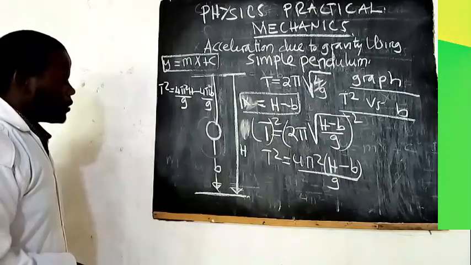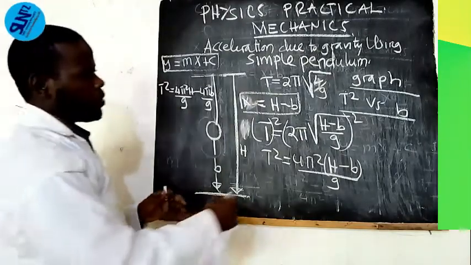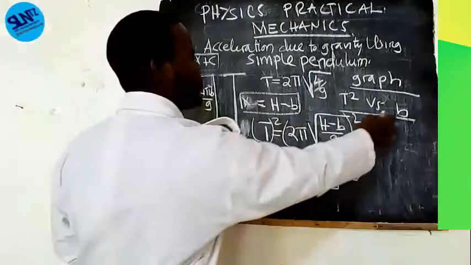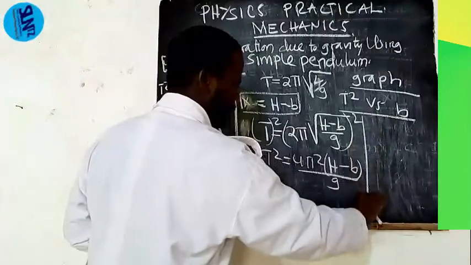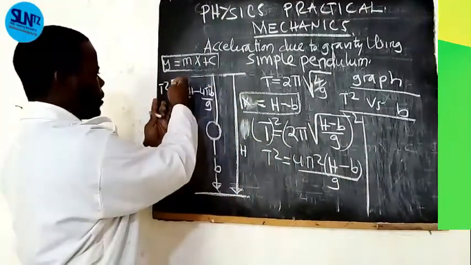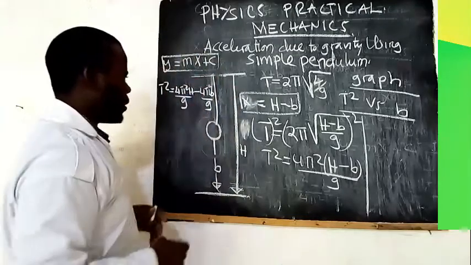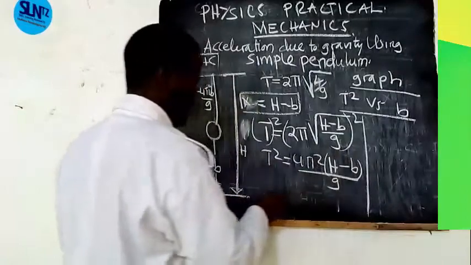And then, because our x-axis is b, the graph should change the position. This will come here and this will come to another side.